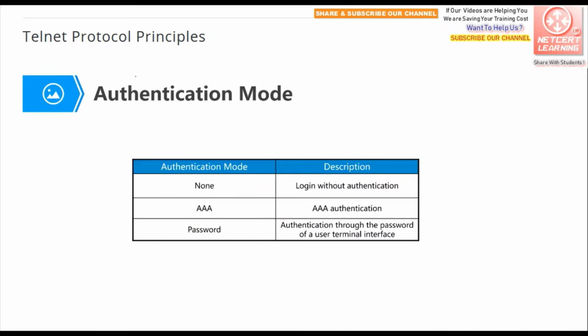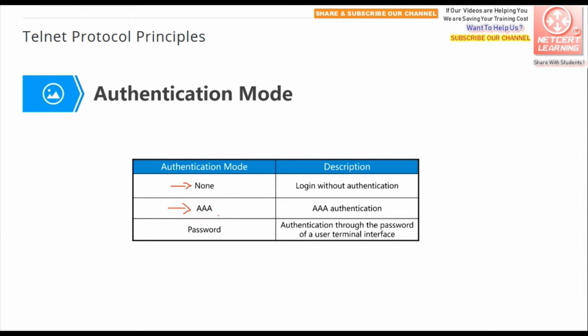And for you to log in, Telnet provides an authentication mechanism. For Telnet, there are three types on Huawei's network device. First is none. None means there is no authentication, no password is needed. Anyone can log in without a password. Then there is another method we call AAA.